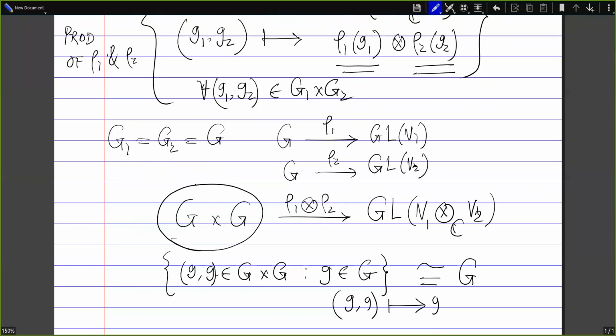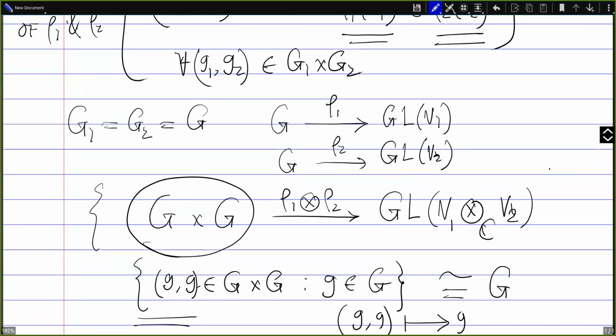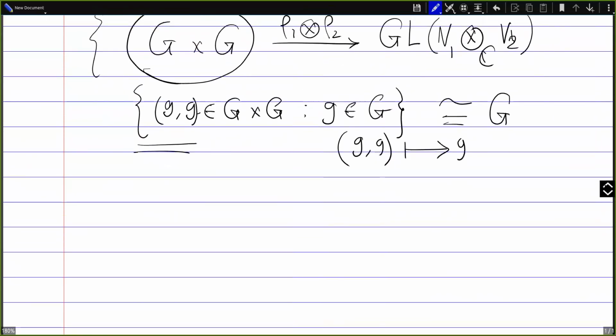Now, in order to see the connection of what we are doing now with what we have seen earlier, we will restrict this representation to this diagonal subgroup, which, as I said, being isomorphic to G, has been identified with G. So based on this identification, we get the following map.